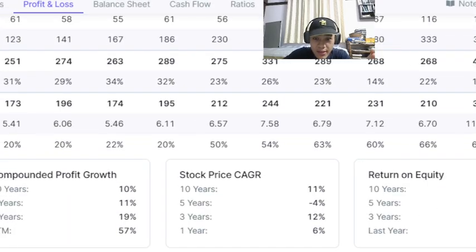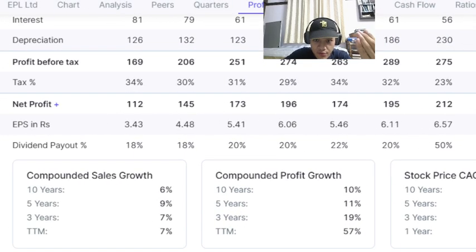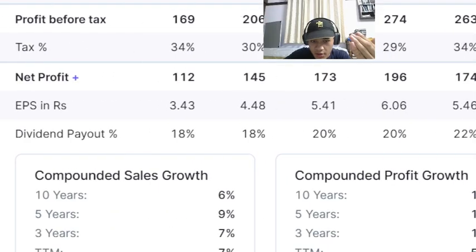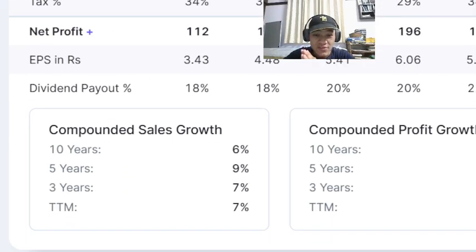In order to see them in actual growth percentages, the 10 years annualized sales growth has only been 6%, not the highest. It has risen a bit, 7% last 3 years, 9% last 5 years, and 7% the last 12 months.